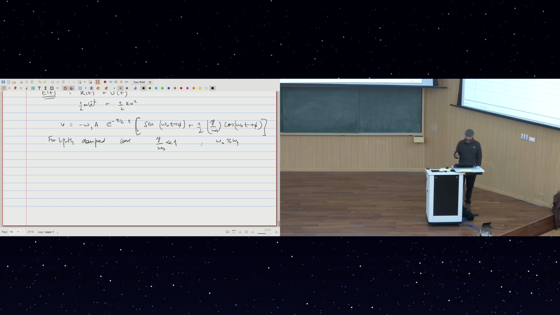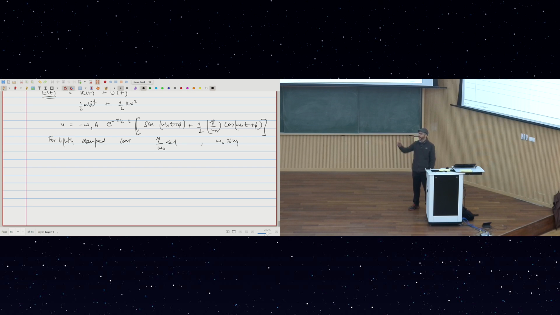Now what is omega naught? Omega naught was the natural frequency of the system when there was no damping. And what is omega 1? The frequency of the system when there is damping. So one thing we have noticed is that when you have damping in a system, its resultant frequency also changes.